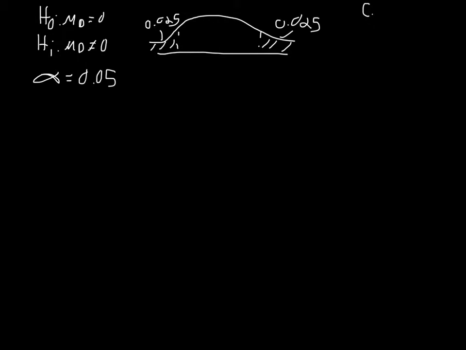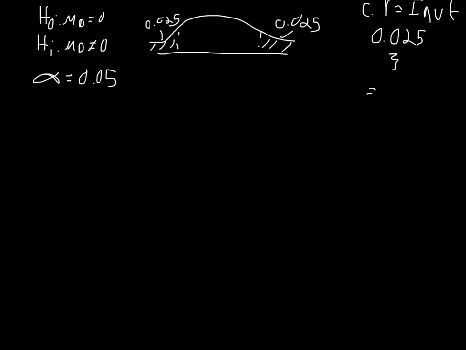So now we're going to do a critical value test with inverse t. On your calculator, the area will be 0.025, and the degrees of freedom will be 3, because n is 4, so n minus 1 is 3.